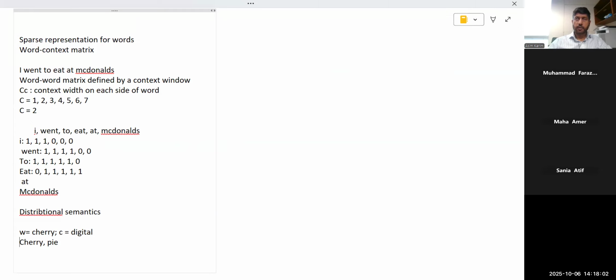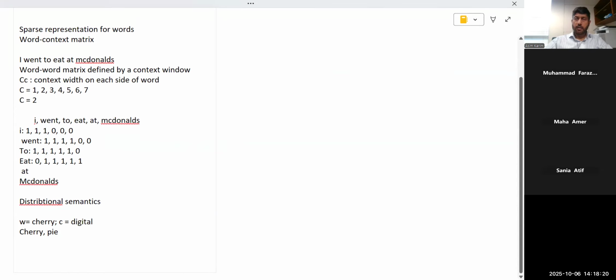And there will be many such words like digital, maybe medical words, or other nouns, that would not likely co-occur with cherry. So the vector for cherry, and for that matter any other word, would be sparse. But still it will capture semantics.